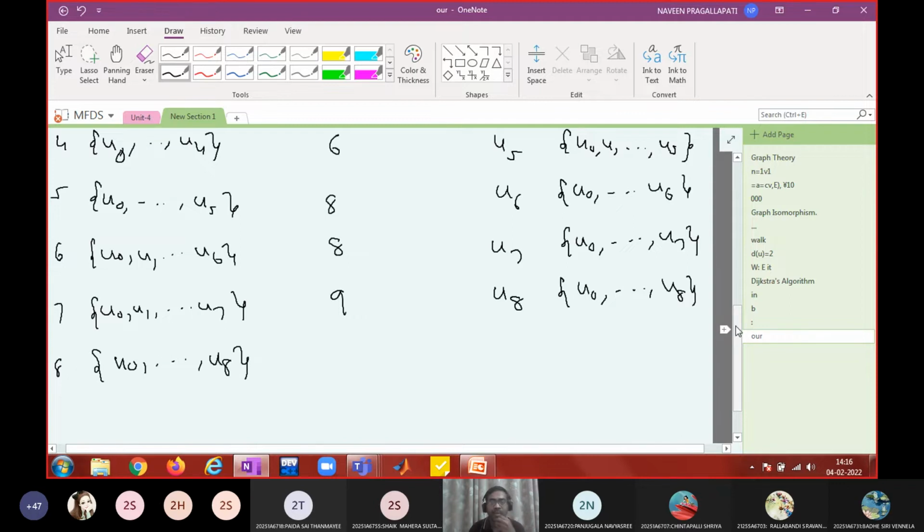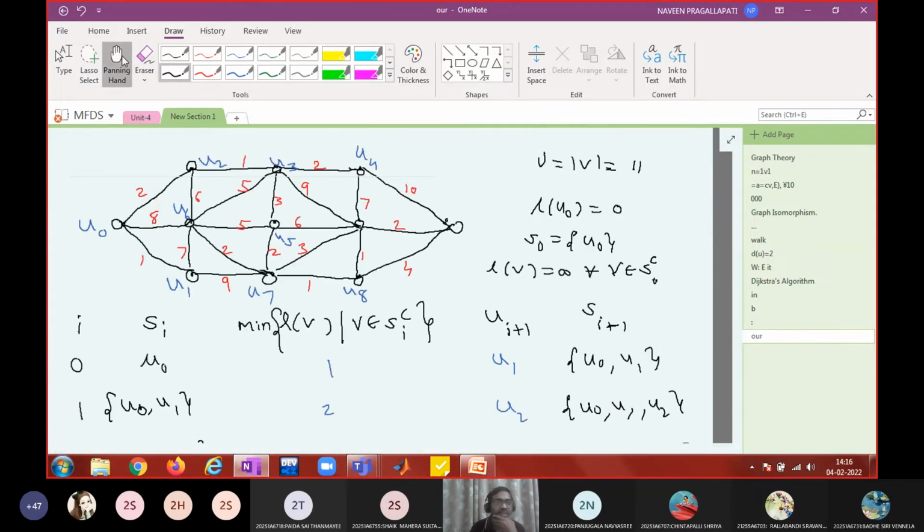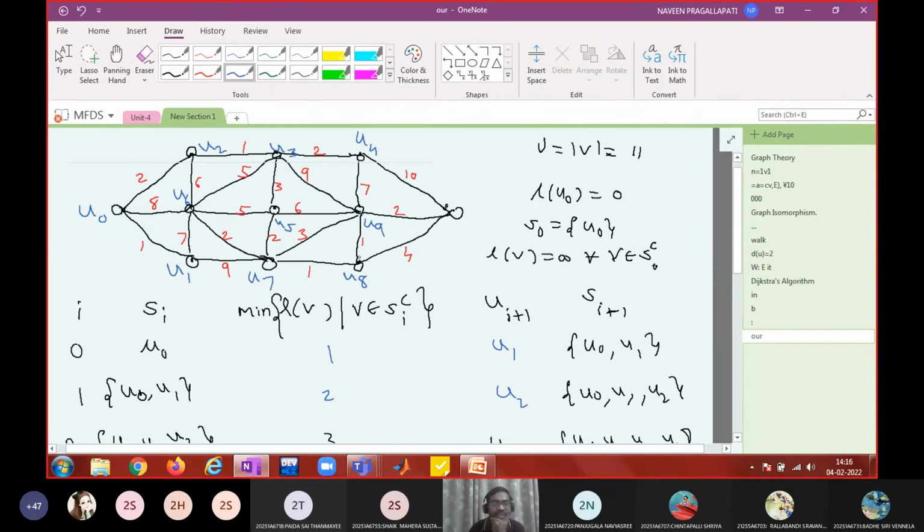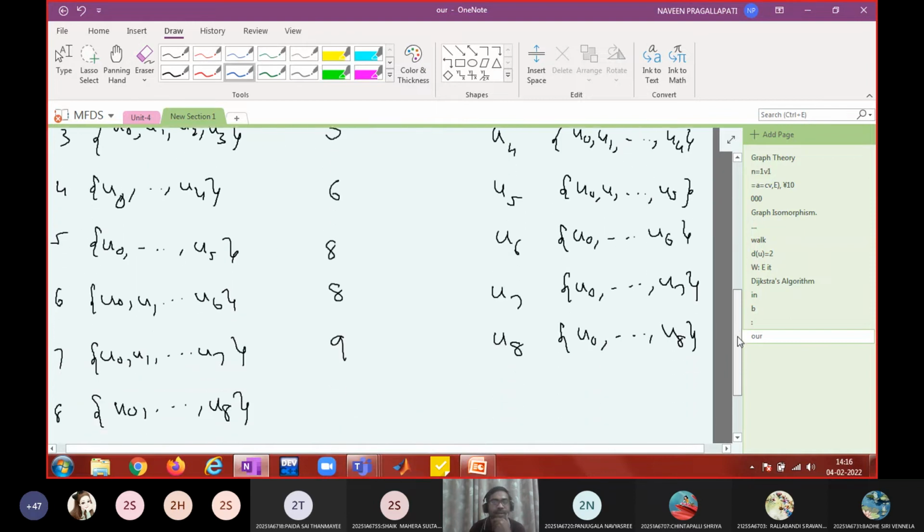Okay, next node, which one do you think? I think this node. Am I right? This is only one edge. So as we are exploring, our task is becoming easier. So U9. This shortest distance is 9. 9 plus 1 is 10.